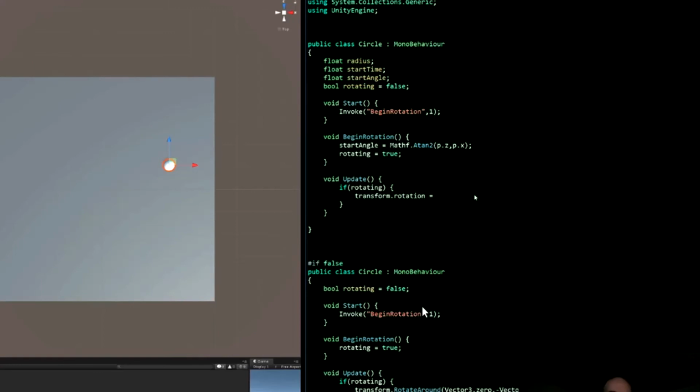I set up the start angle, I say it's rotating, and then here there's some expression that I can get that would do this properly. Problem being is I need to set rotation around a particular point.